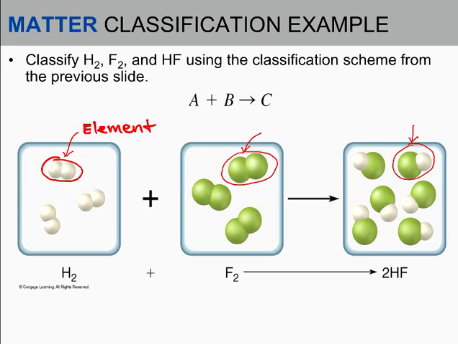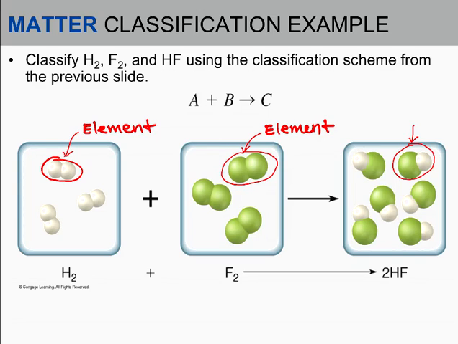Now in the middle, we have fluorine, and within that molecule that we circled, there are two fluorine atoms. And because they're the same type of atom, that would be a homoatomic molecule again. So we can classify this as an element.